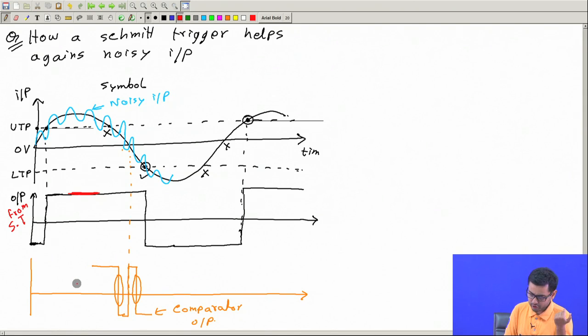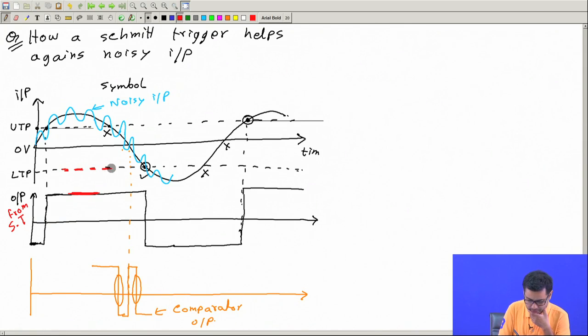How long will it remain positive? It will remain positive as long as the input doesn't go below the lower trigger point, because the output is already positive. So I have to compare with the lower trigger point. Now this lower trigger point is the active comparison boundary. The upper trigger point is inactive at this point.